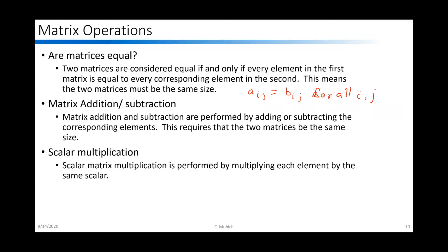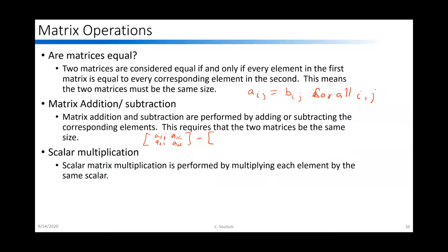The next type of operation that we might want to know is about matrix addition and subtraction. So this is not the case of what we had before. So say A11, A12, A21, A22. I'm not talking about taking that minus 5. I'm talking about taking two matrices and subtracting one from the other.